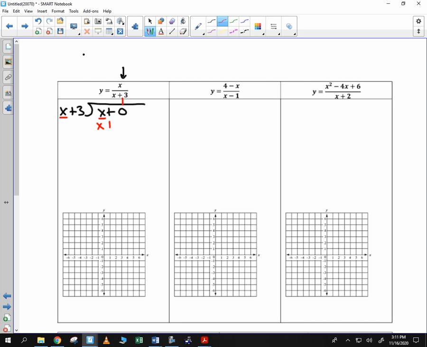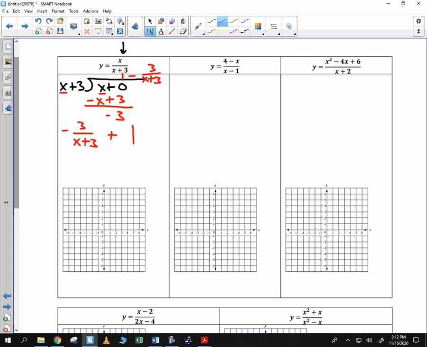So we have x plus 3, and we subtract. We get negative 3. So 1 minus 3 over x plus 3. Or if I write that a different way, negative 3 over x plus 3 plus 1.